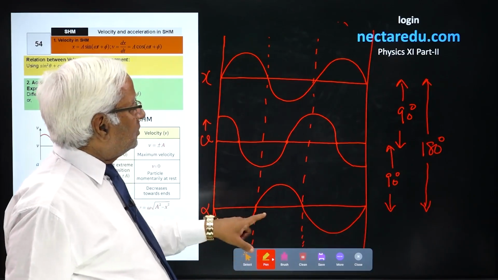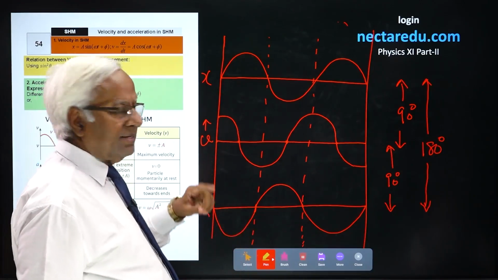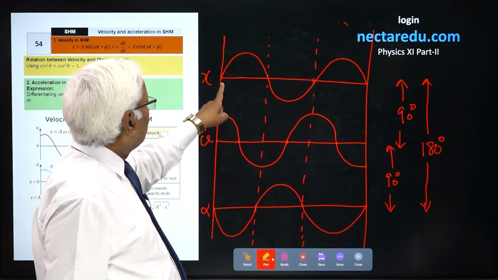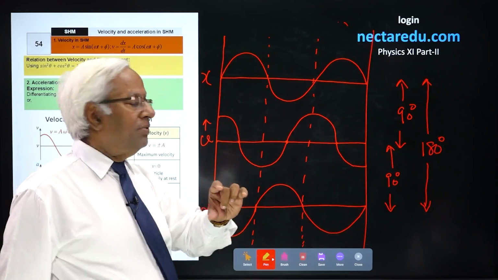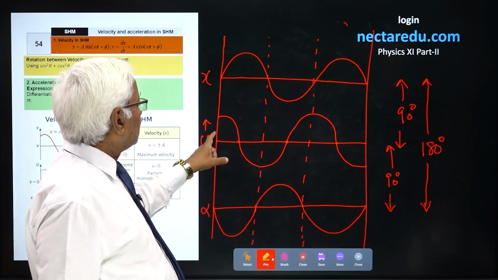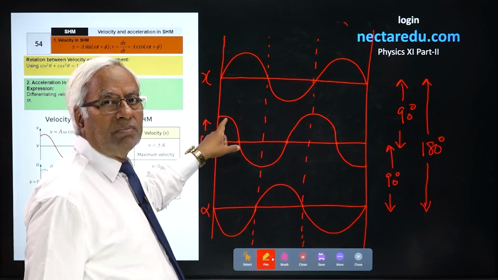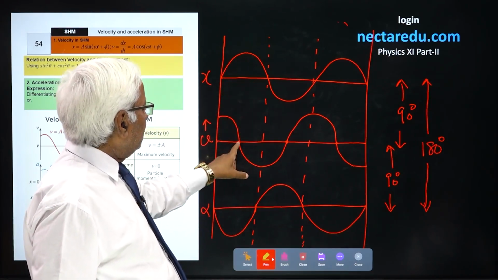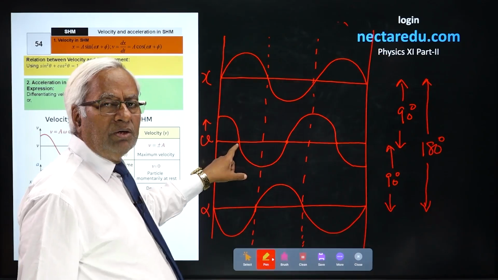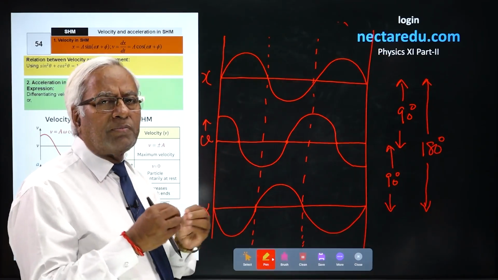The only thing that you have to especially keep in mind and retain is that when x is 0, when displacement is 0, at that very time the velocity is maximum. And when the displacement is maximum, at that very time the velocity becomes 0. These two things you have to remember.